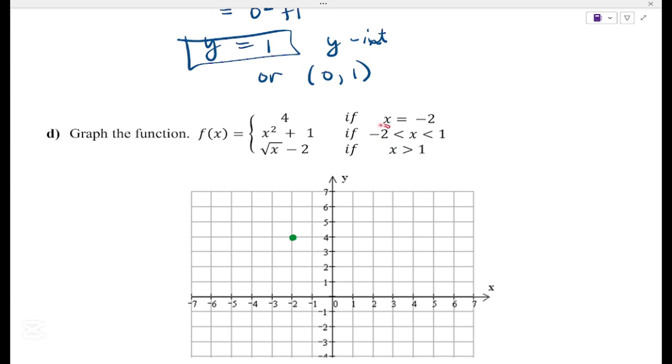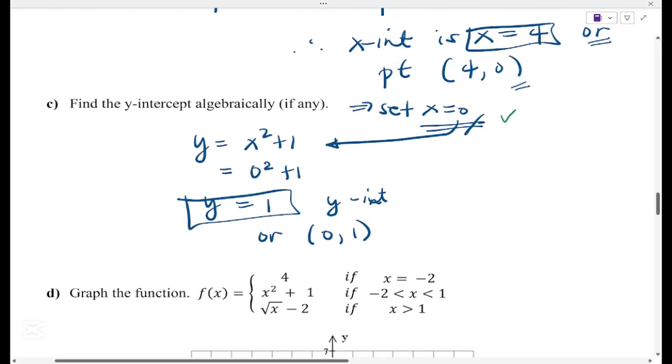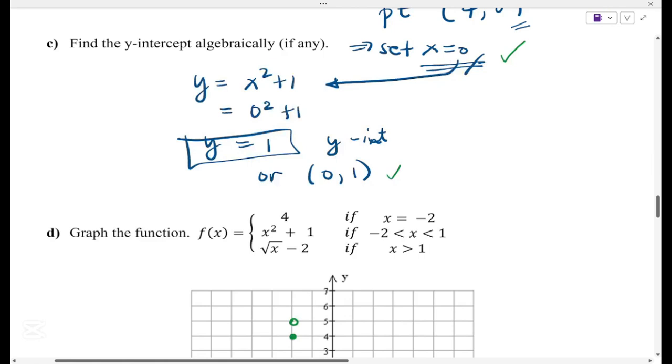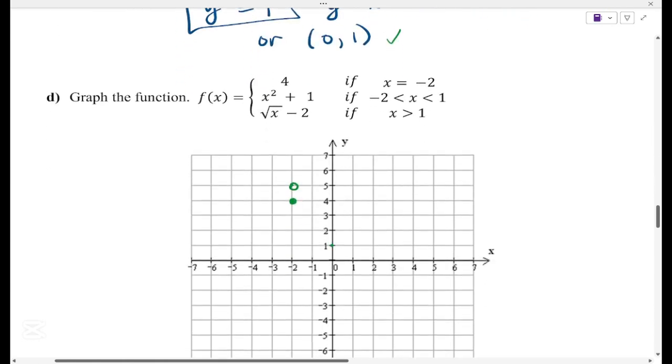If we substitute negative 2 in x, because we have to start with the endpoints, we will get the y value as 5. So negative 2, positive 5. So I will make it open. And then after that, when x is 0, remember we get the y-intercept, which is 1. So (0, 1).